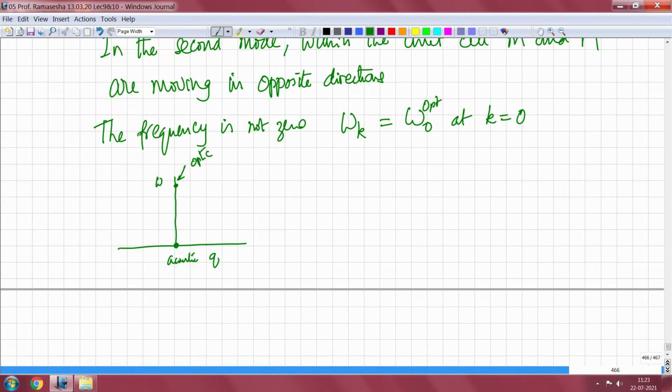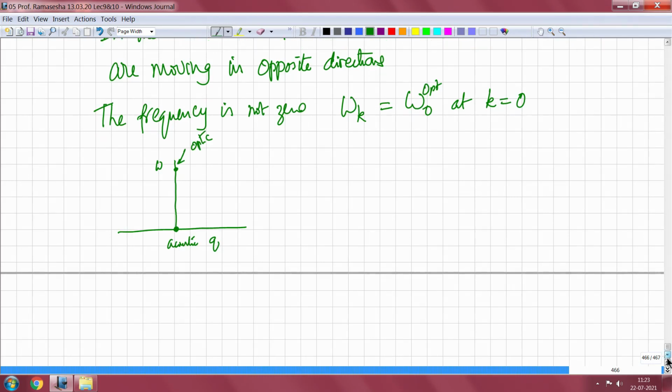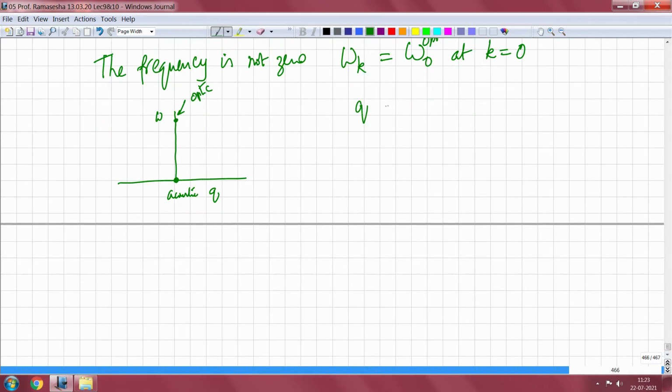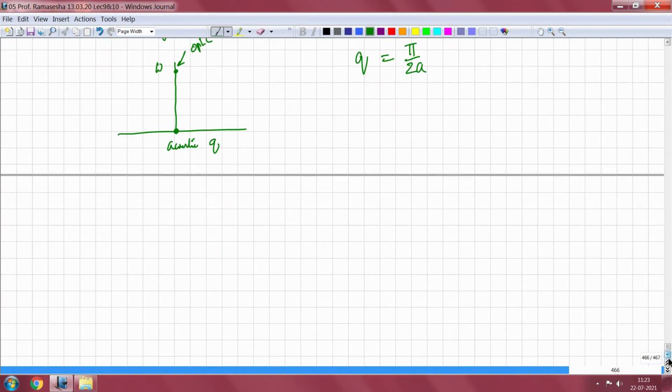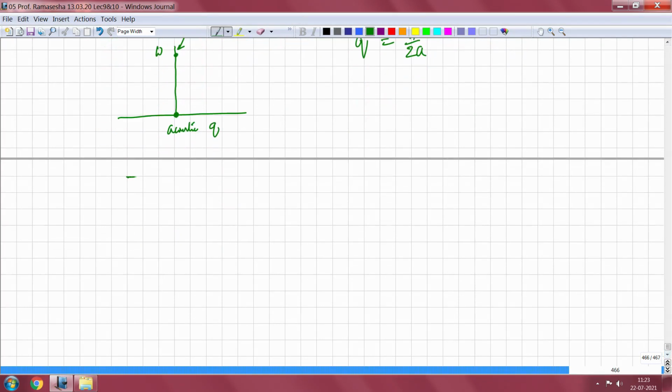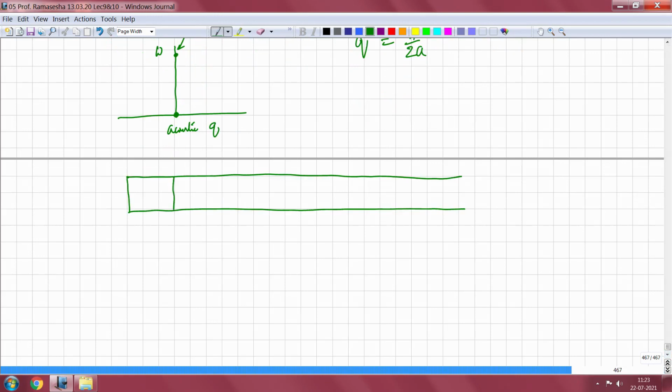Now what happens when I go to q equal to pi by 2a? When I go to q equal to pi by 2a, the motions will be like this. There is a small mass and a big mass.